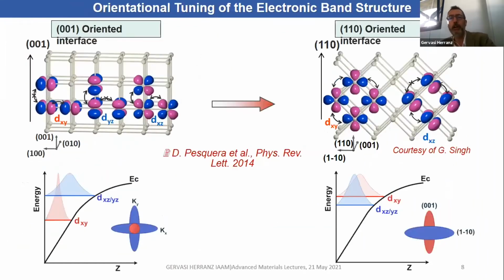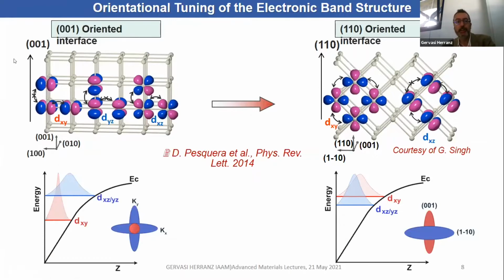So now, as I said before, having the quantum wells oriented along different crystal orientations is important because this has an implication in the functional and physical properties of these systems.